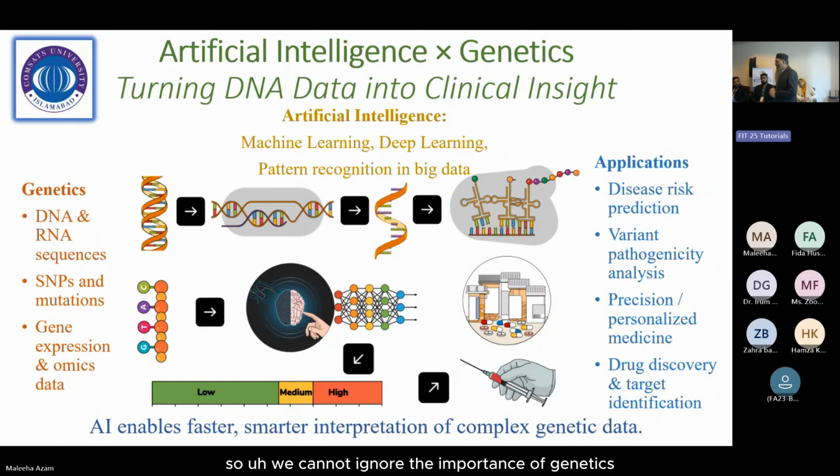multifactorial. So we cannot ignore the importance of genetics, because genetics is the field in which we discuss mostly the basic code that is present in the nuclear genome and whole genome of the individuals.